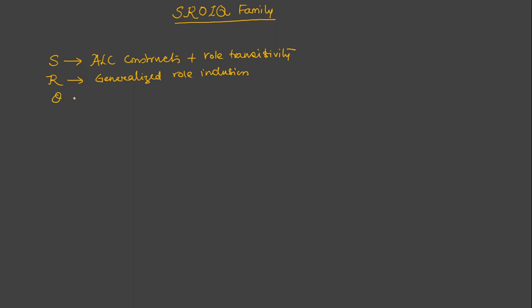By O, we allow the nominals. By I, we allow the inverse of roles. And by Q, we allow the qualified cardinality restriction.